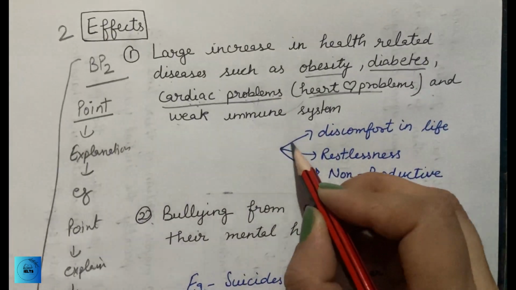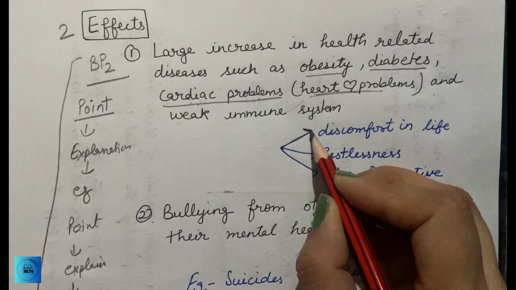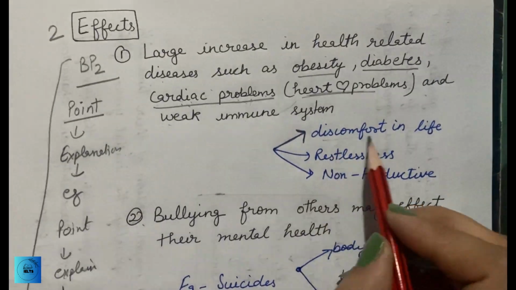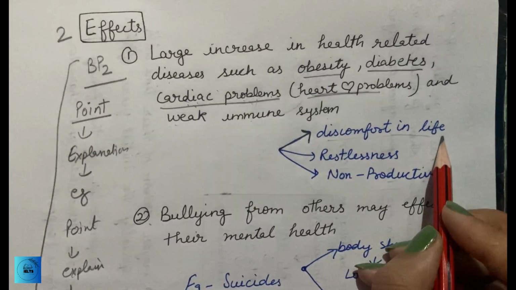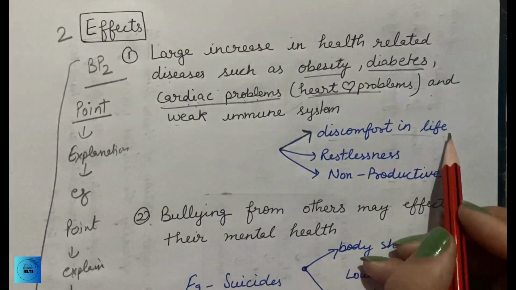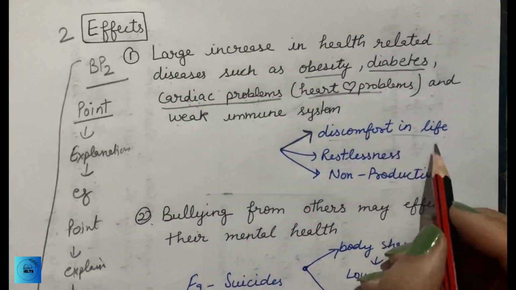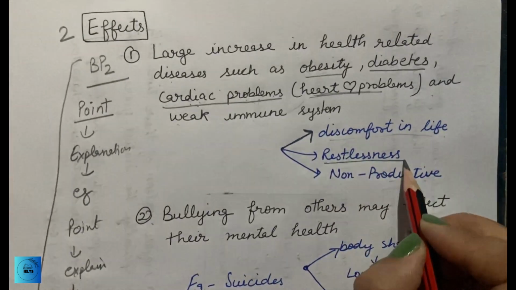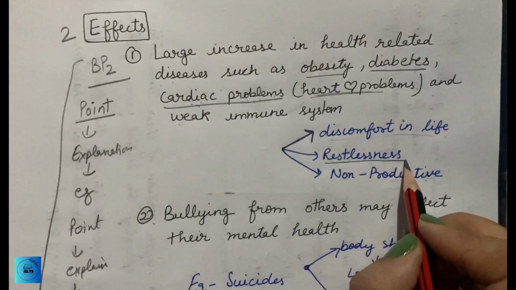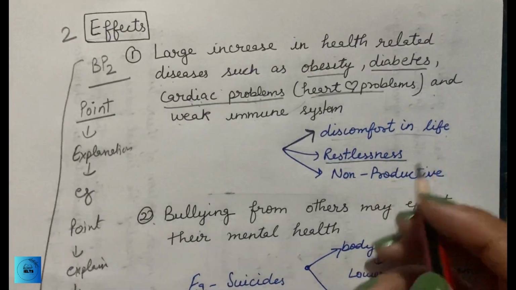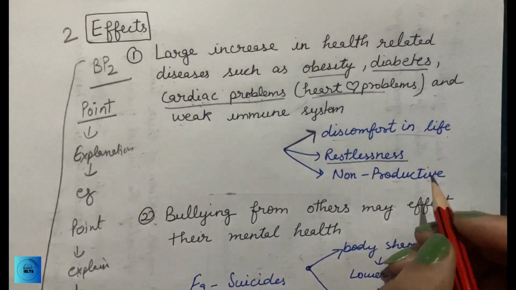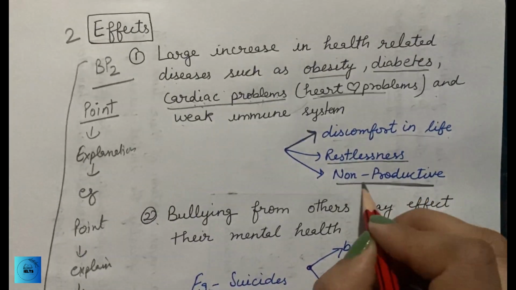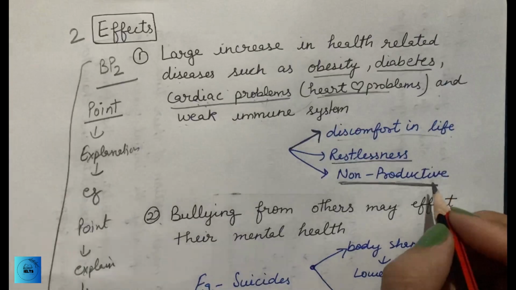Usually individuals who suffer from diseases, first of all, will have discomfort in their life. Their life will no longer be normal as compared to their peers, and they will have restlessness. They will not be active in their life, so they will not be able to do their work with full concentration, which will eventually make them non-productive or less productive, I can say.